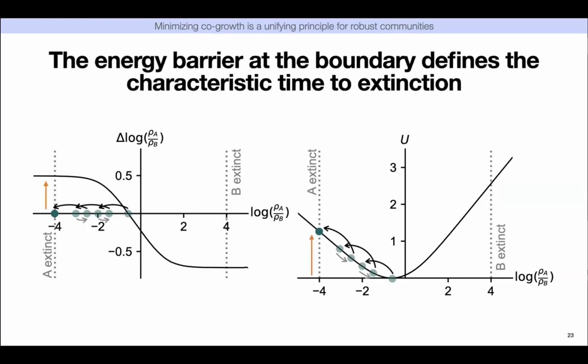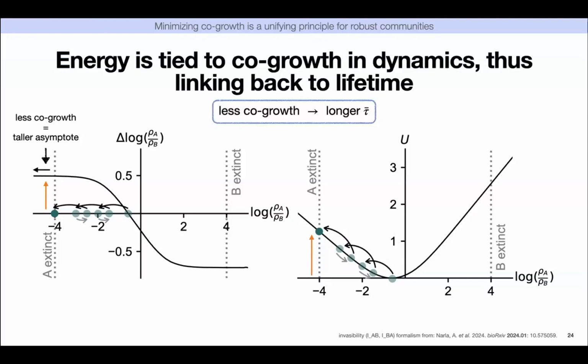So physics and thermodynamics will tell us that what ultimately matters to describe the characteristic time to reach that boundary is simply the height of the energy at that boundary. And for mathematical derivations that I won't get into right now, but I'm happy to talk about offline, it turns out that this height actually directly goes back to this metric of co-growth that we have written. And so we end up with this strong tie back between less co-growth and longer lifetimes.